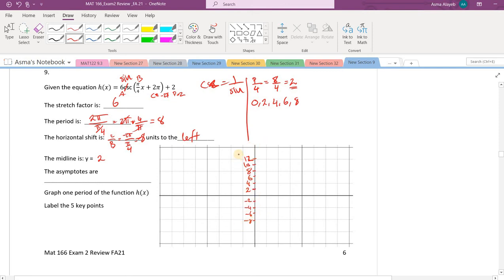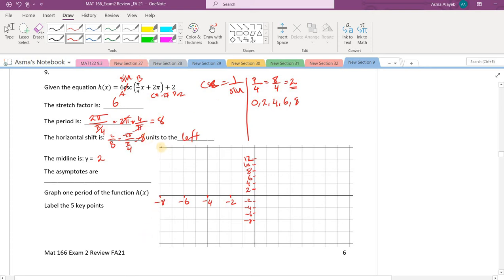Actually, this is not going to be my y-axis because the horizontal shift is negative 8. So I better start with the horizontal shift instead. I can count by 2s here. I need 0 to 8, so 2, 4, 6, 8. Yeah, that would work. So I'm going to say here negative 2, negative 4, negative 6, negative 8.